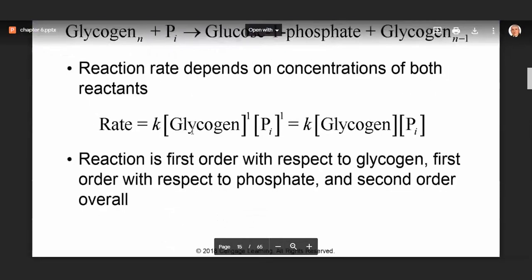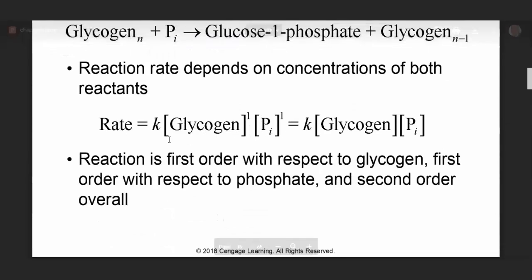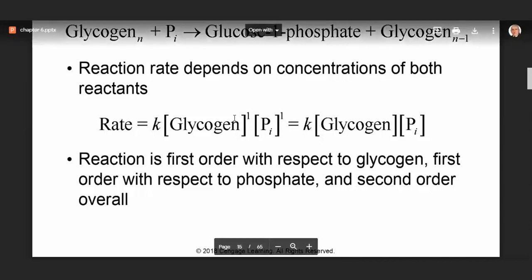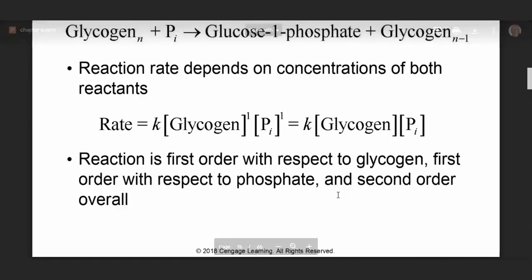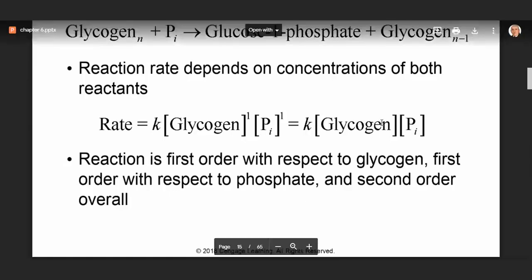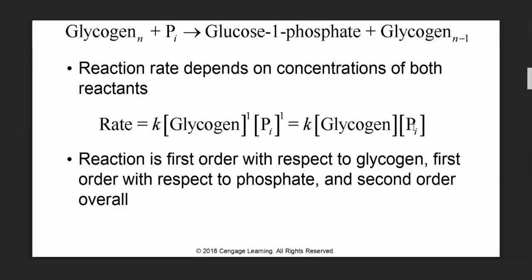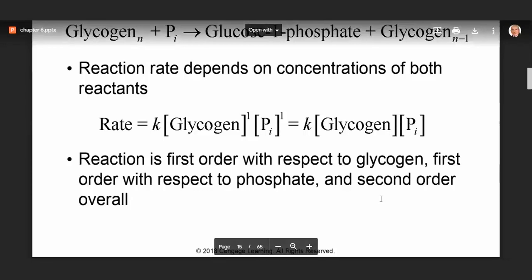So you can write the rate law in this way: rate equals K times the concentration of glycogen times the concentration of Pi. And so we conclude the reaction is first order with respect to glycogen and with respect to Pi, the phosphate, and second order overall. So if you add 1 plus 1, then it is 2.